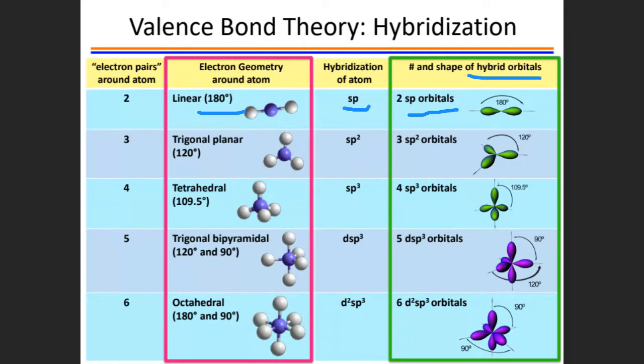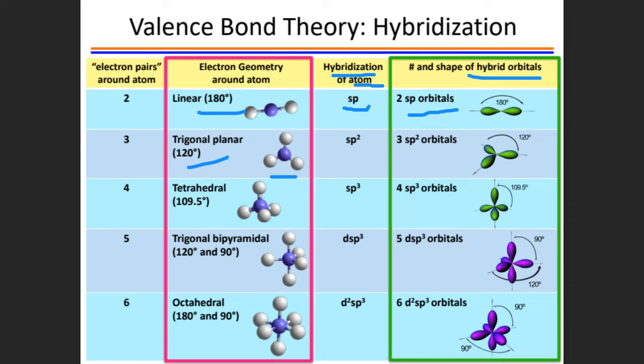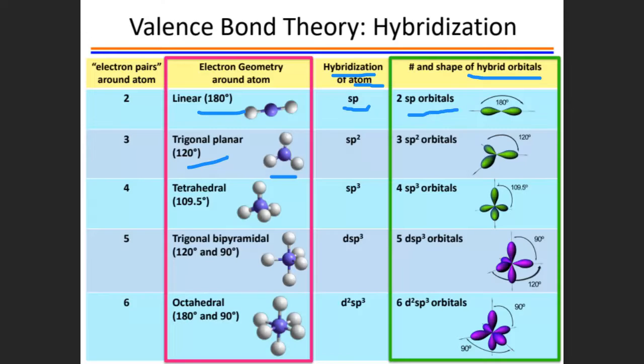This is the shape and hybrid orbital. This is the hybridization of the atomic orbital. And here is the geometry shape that we checked yesterday, the three-dimensional structure and their distance. Here trigonal, 120 degrees.